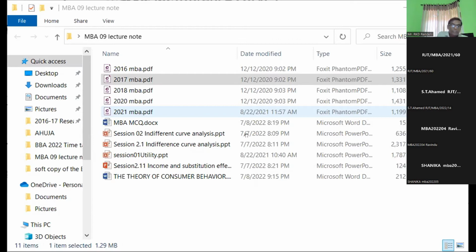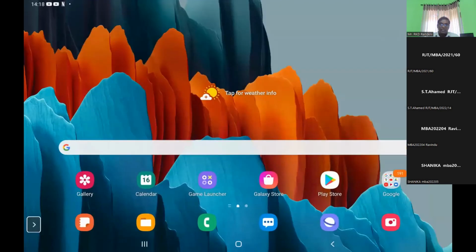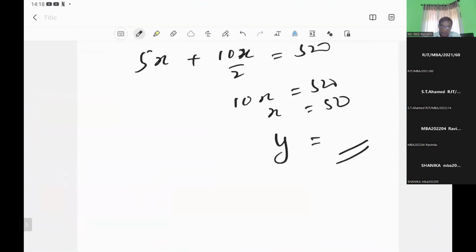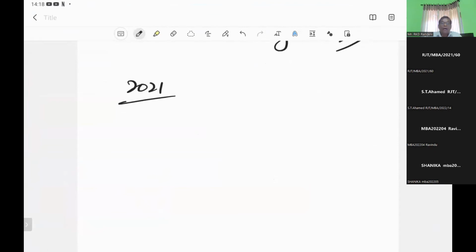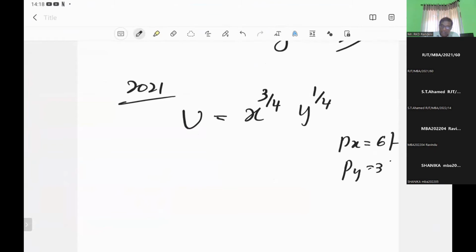Price of Y is 3 rupees. The income is 120.